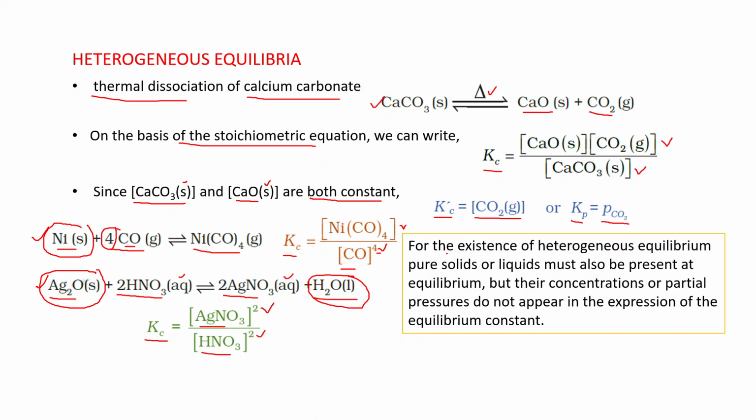For the existence of heterogeneous equilibrium, pure solids or liquids must also be present at equilibrium, but their concentrations or partial pressures do not appear in the expression of the equilibrium constant. Okay, thank you.